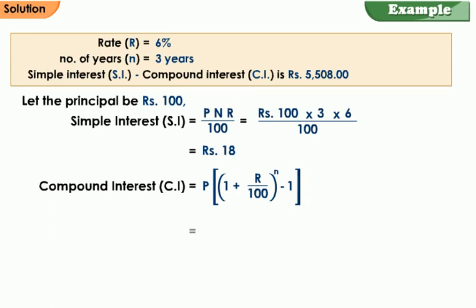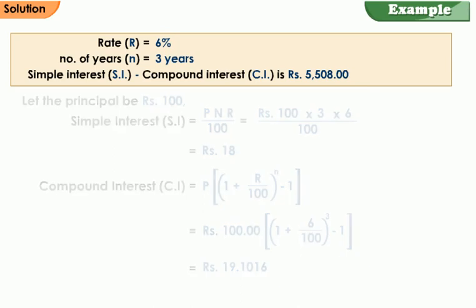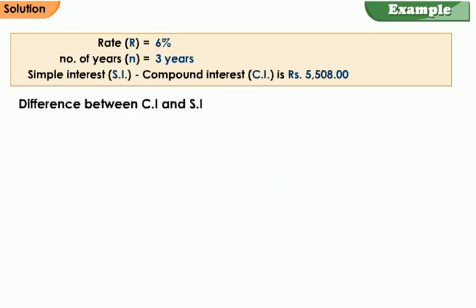That leaves us with rupees 19.1016. Now, the difference between compound interest and simple interest equals rupees 19.1016 minus rupees 18 when principal is equal to rupees 100. This gives us rupees 1.1016.